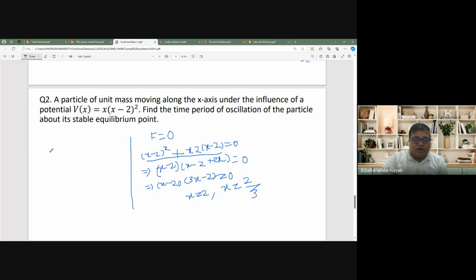So the second derivative of this function: x minus 2 into the derivative 3, plus the derivative 1 into 3x minus 2.